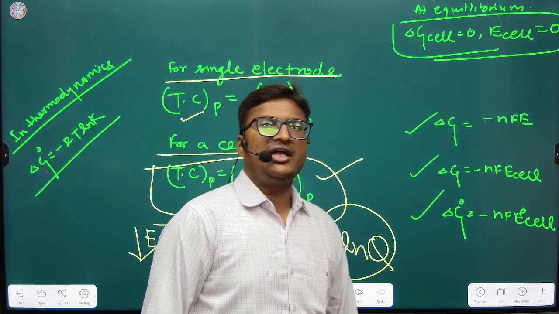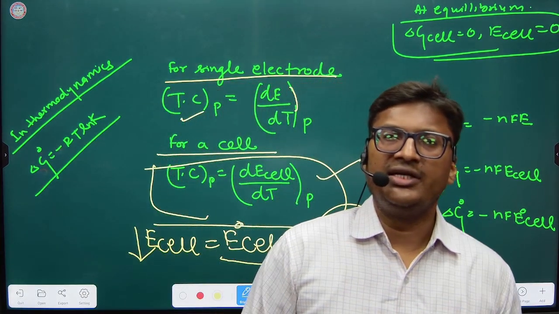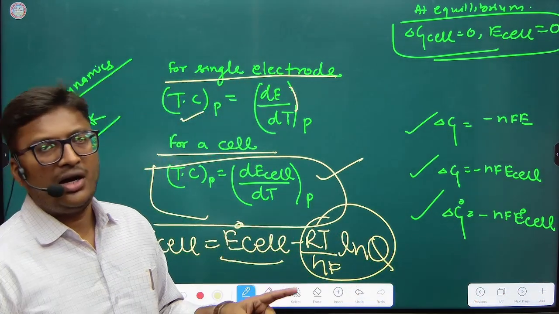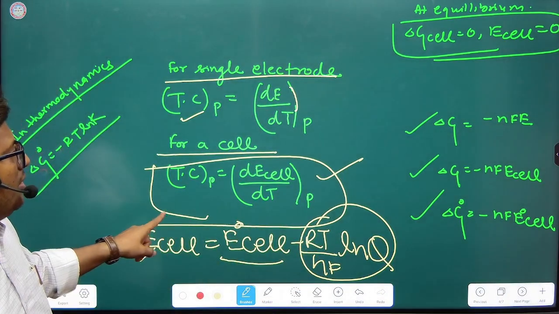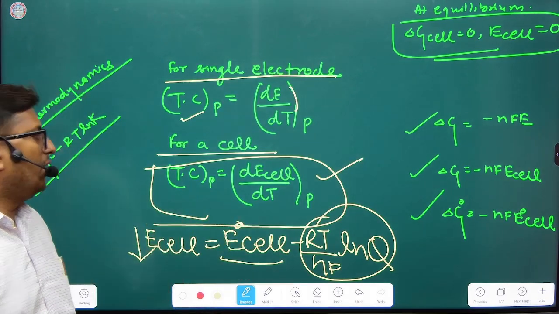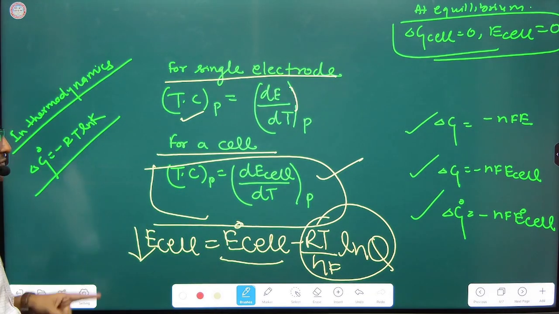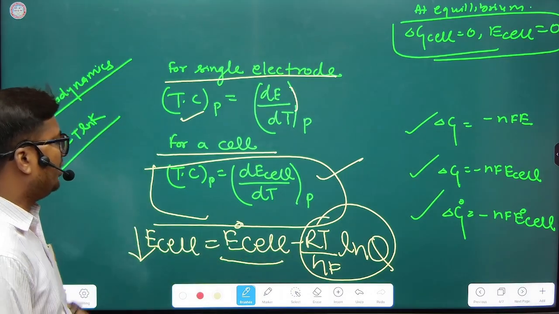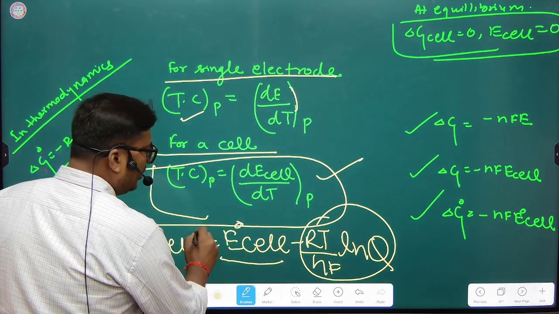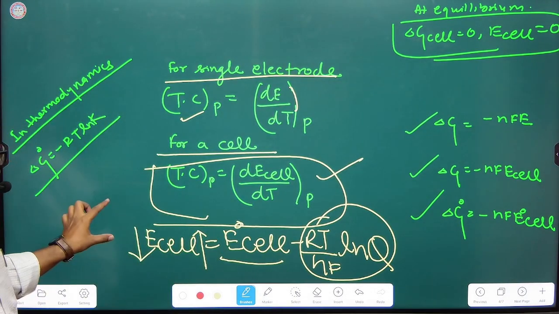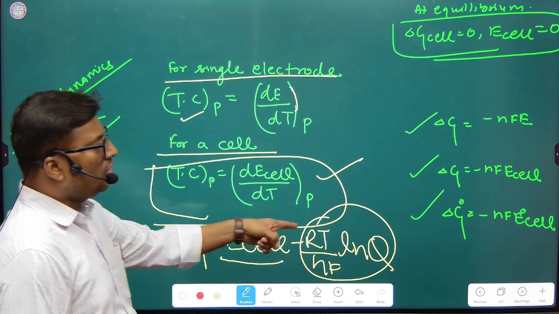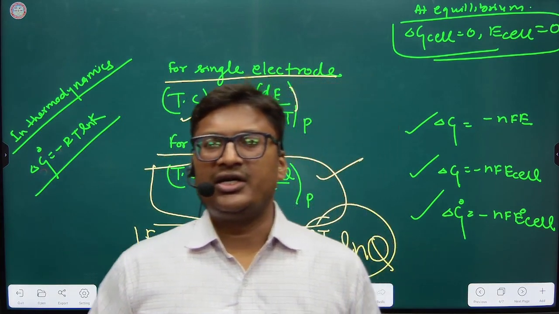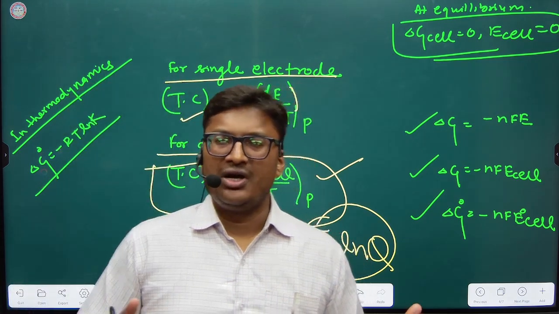If you increase the temperature of the electrochemical cell, then the resultant cell potential will be low, or it decreases as the temperature increases. In other words, if you decrease the temperature of the electrochemical cell, then E cell will increase. So it can increase or decrease depending on the temperature, and once the temperature is affected, the resistance of the solution is also affected.